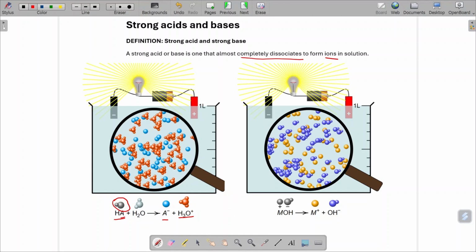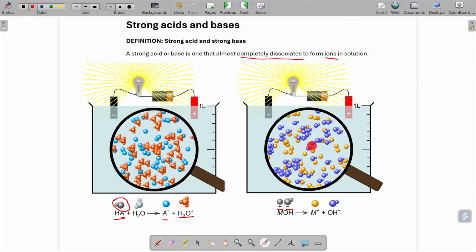Similarly, for a strong base, the same sort of thing happens. You've got a metal ion, for example, sodium being a metal, and a hydroxide ion. And what happens is that this completely dissociates. And if we look in the solution here, we see that there are none of these molecules in the solution.